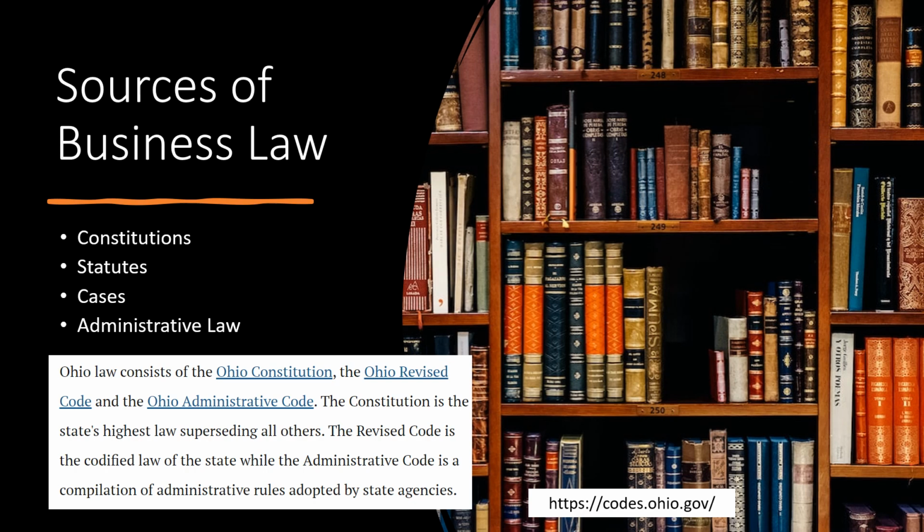Okay, and then we have administrative law, which really, to me, involves more minutia. It involves enacted law. It involves regulations. Here you can see the citation I have that talks about Ohio law.